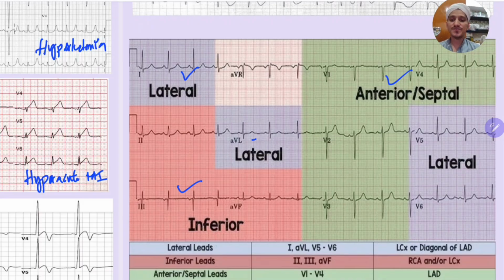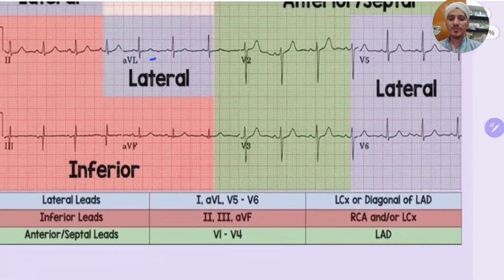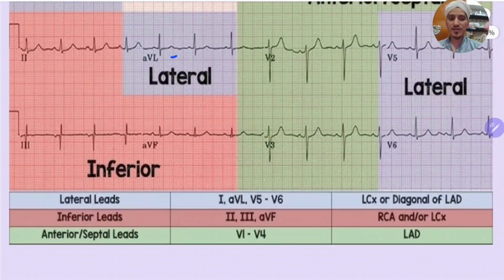Now you just see here. You see this downside of this box. Inferior leads are 2, 3, AVF, and remember that means there is a problem with the right coronary artery or left circumflex artery, because these coronary arteries supply the inferior part of the heart.